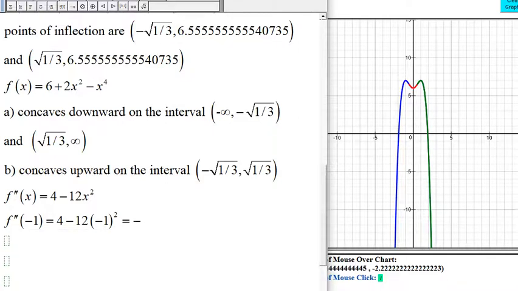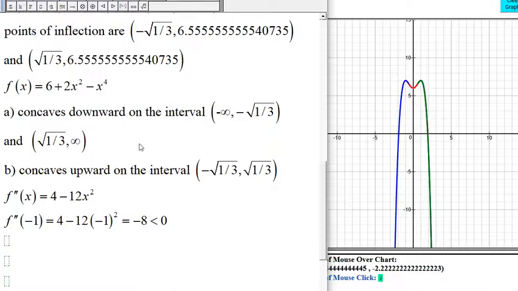And this comes out to be -4 minus 12 is -8. -1 squared is 1, and then times 12, and so we get 4 minus 12, which is -8. And so if we have an interval where the graph concaves down, if we pick any number from that interval, and then use the second derivative to evaluate at that number, then we'll get a negative answer, which is less than 0.